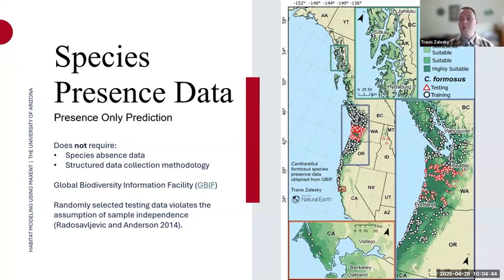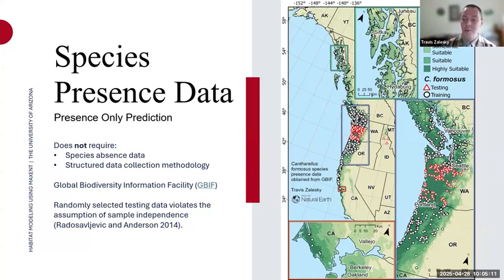Firstly, as a supervised machine learning algorithm, MaxEnt modeling relies on a training data set and is validated using a testing data set. Many users, including some published authors, will rely on a random partitioning method, wherein a subset of testing data is randomly selected and removed from the overall data set.